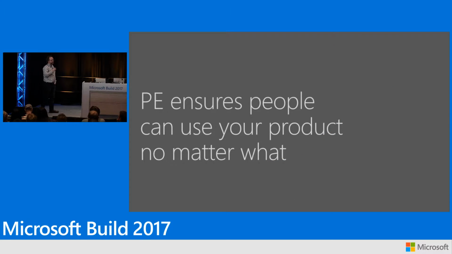So in practical terms, progressive enhancement ensures that people can use your product regardless of unsupported browser or device features, or maybe network issues that block or delay important assets. Anybody remember when Sky inadvertently blocked jQuery from all their UK people? That kind of sucked.